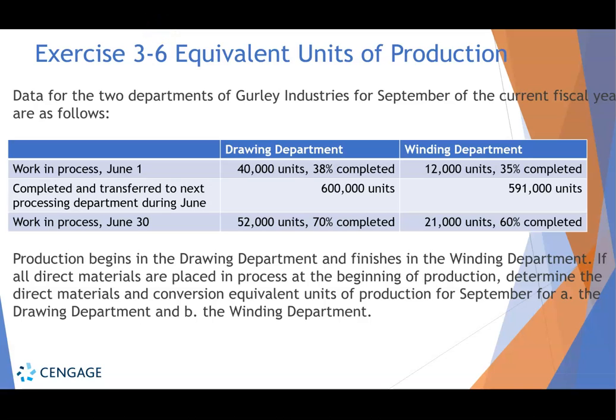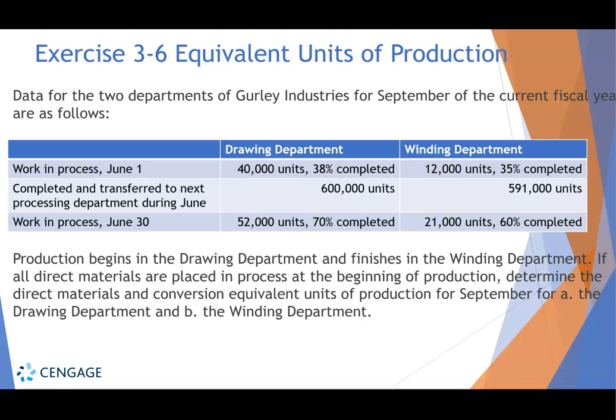In this exercise, we're looking at two departments, the drawing department and the winding department. Data for the two departments of Gurley Industries for September of the current fiscal year are shown here. So we see what we started in the drawing department, the percent completed, what was completed and transferred out of the drawing department, and what was still sitting in the drawing department at the end of the month.